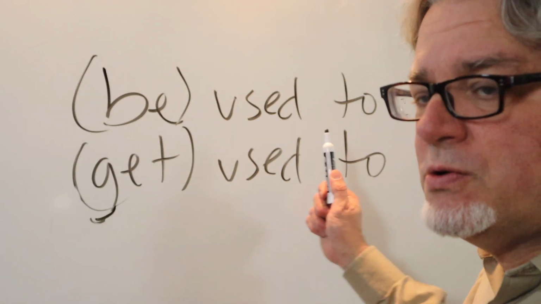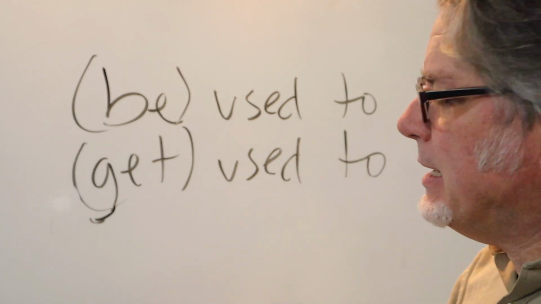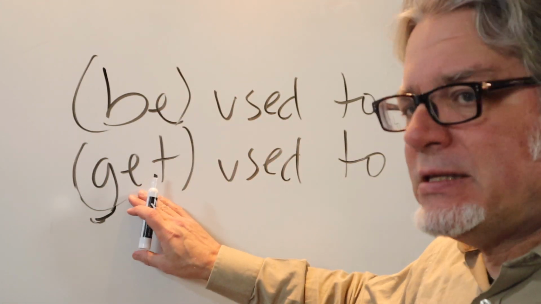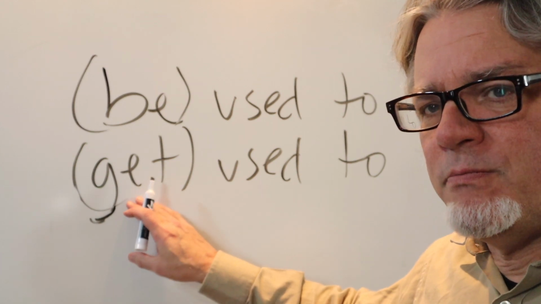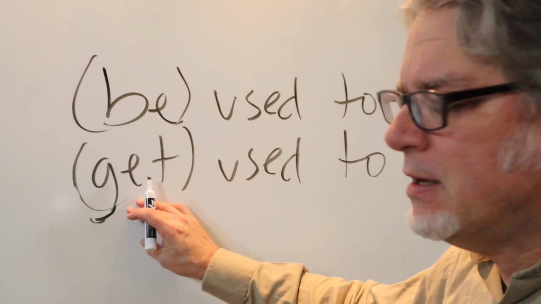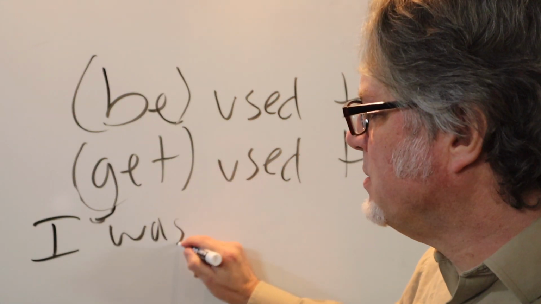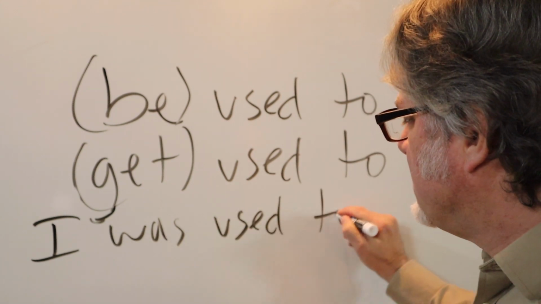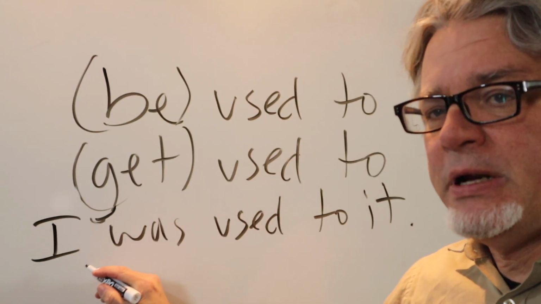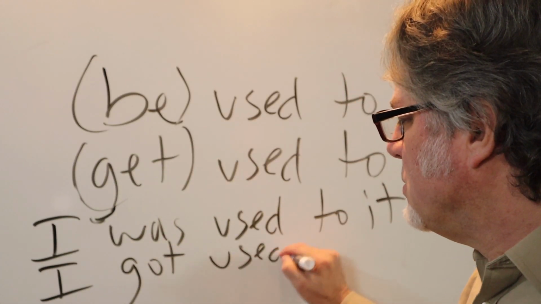Be used to and get used to have just about the same meaning. The only difference is get seems to refer more to the change in a person's life. So if I put this in the past tense, I was used to it. Compare this to I got used to it.